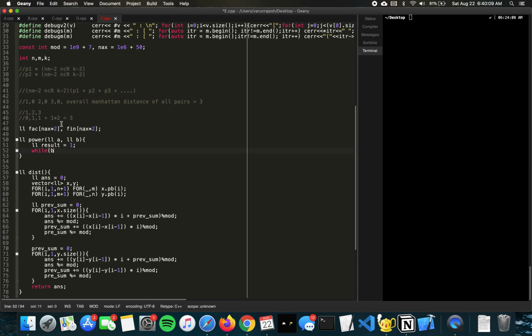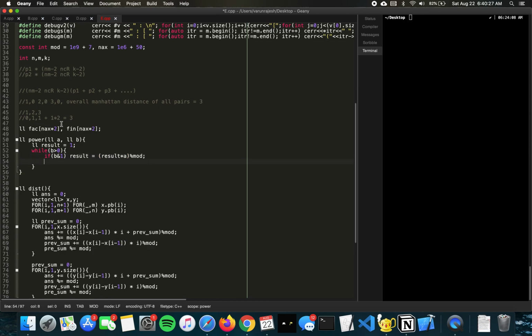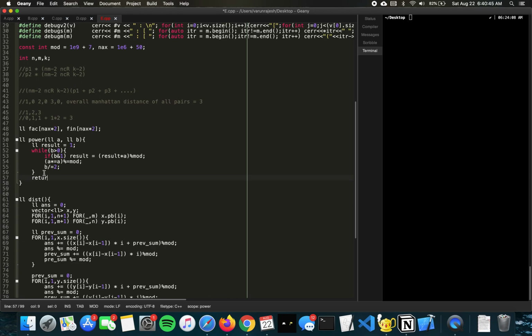While B is bigger than 0, if B is odd, result equals result times A mod mod, and then A times equal A mod mod, and then B divided by 2, and then we would return result.